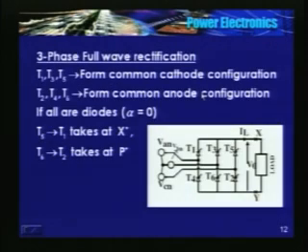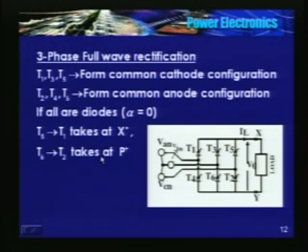So prior to C phase, the diode which is connected to B phase is conducting. In other words, 6 was conducting prior to 2. See, 2 is connected to C, 6 is connected to B.